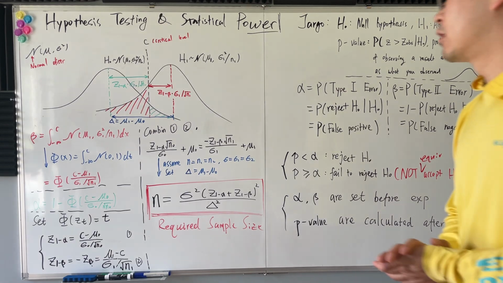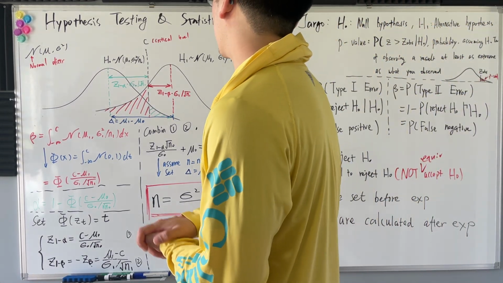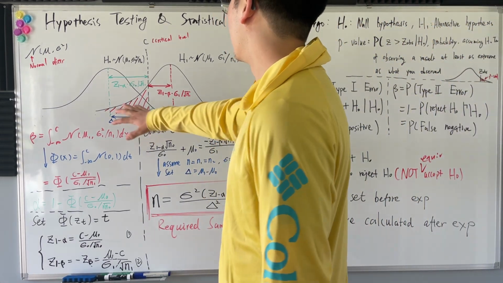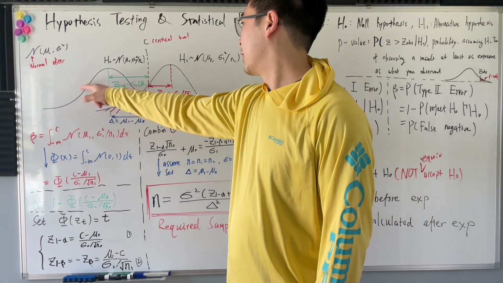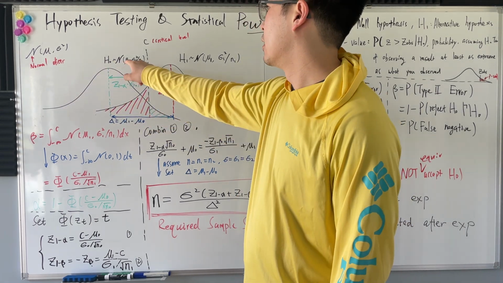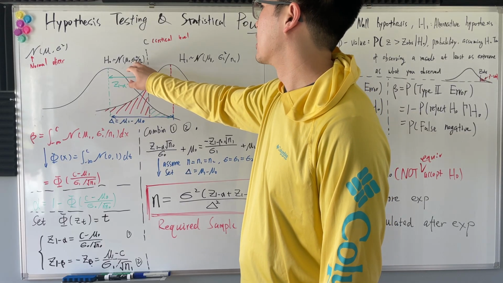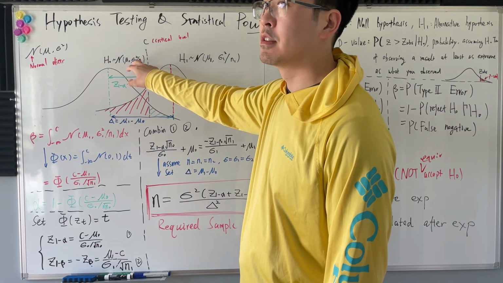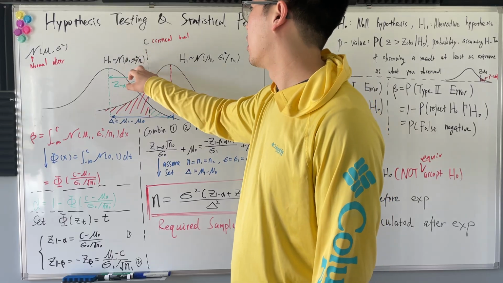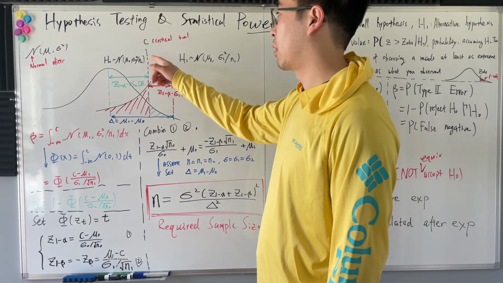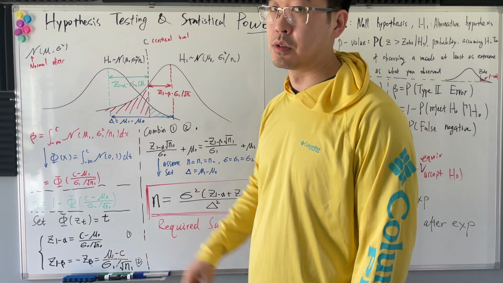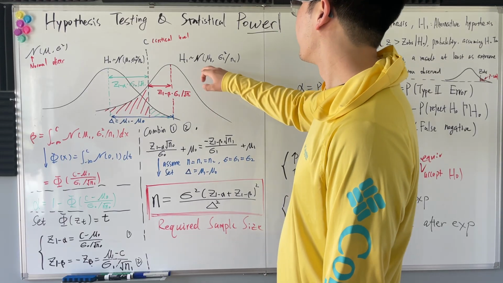So let's look at the mental picture, which is my favorite part. Here is the distribution of the null hypothesis with mean mu naught and sample standard deviation sigma, so overall the variance is sigma naught squared over n naught, where n naught is the sample size.